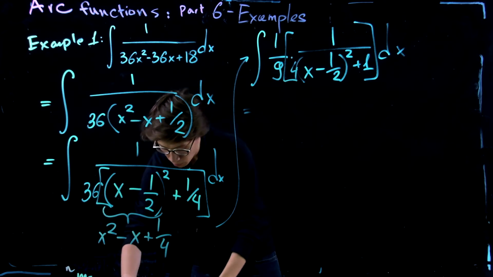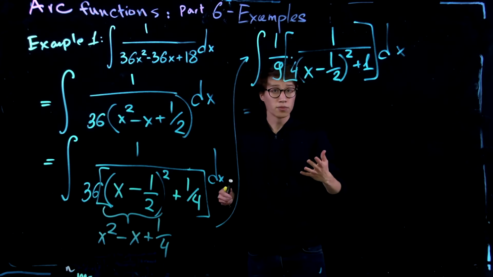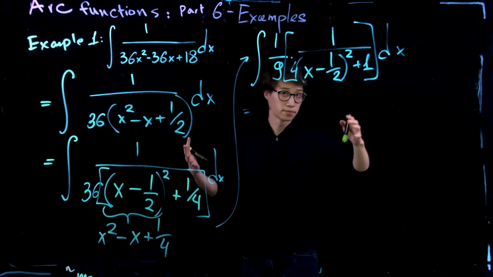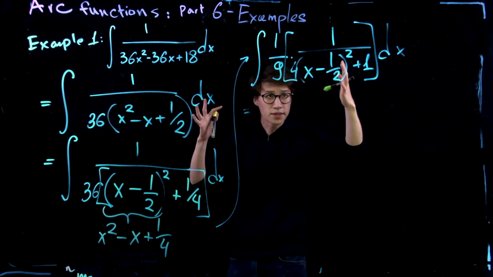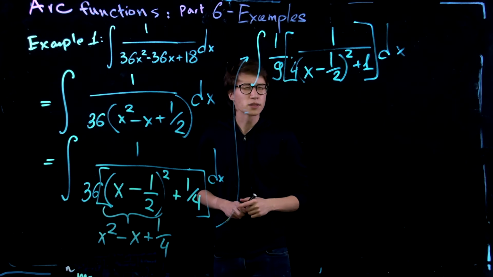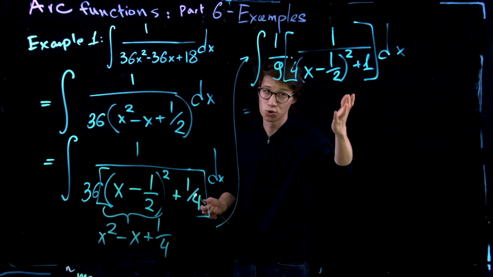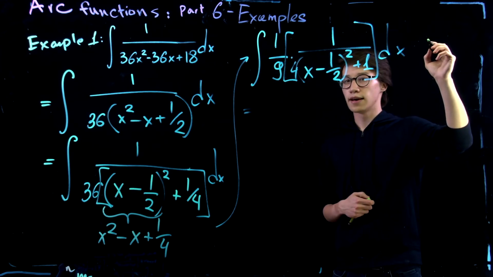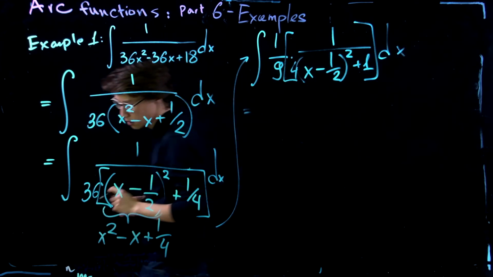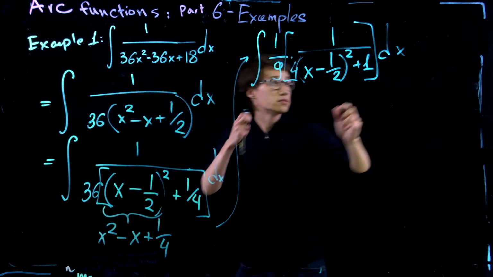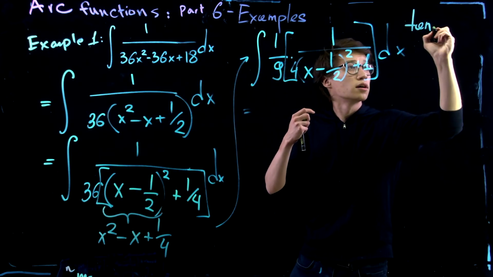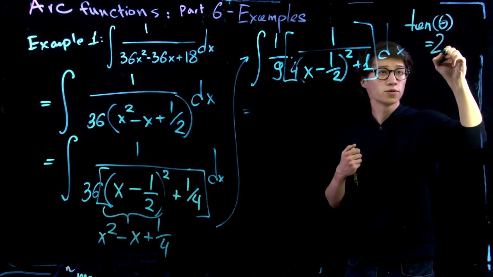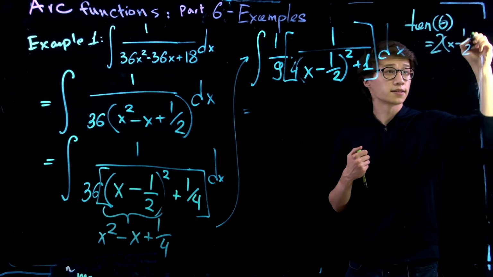Okay, so let's see what we can do next here. Now, we actually do have something of the form something squared plus 1. So 4, as we know, is also 2 squared. So let us say that tangent of theta is going to equal 2 times x minus a half.